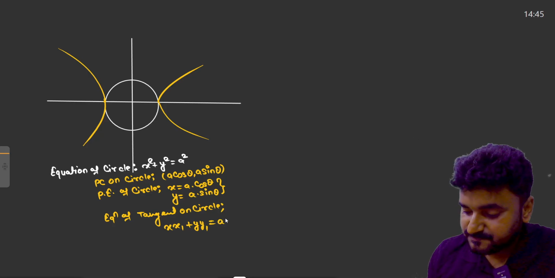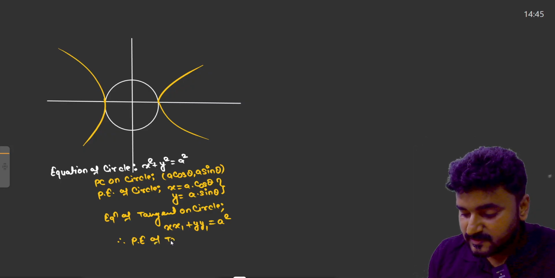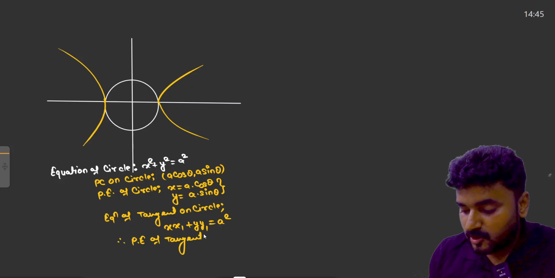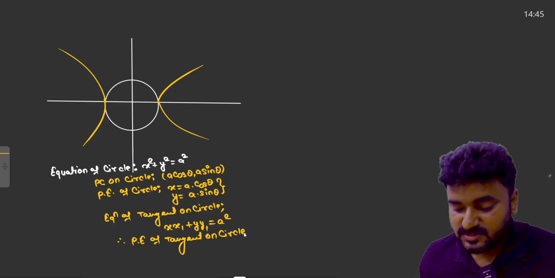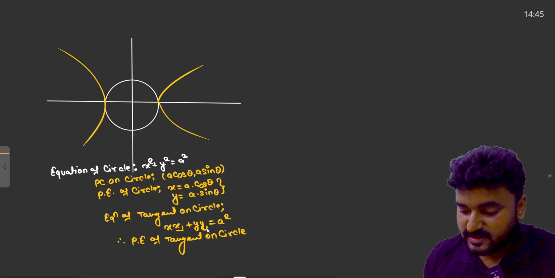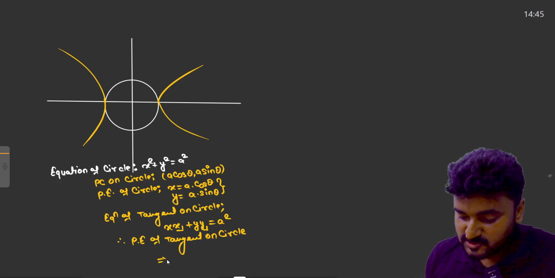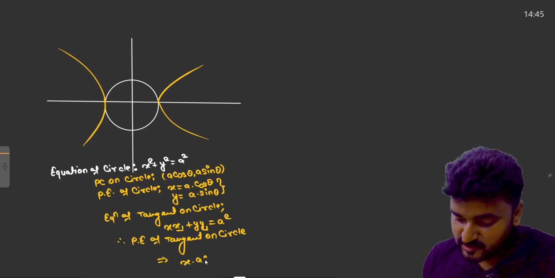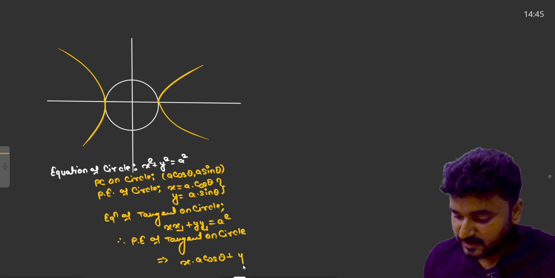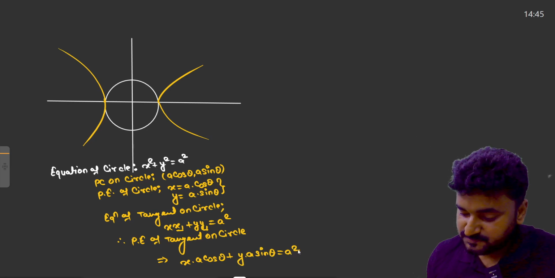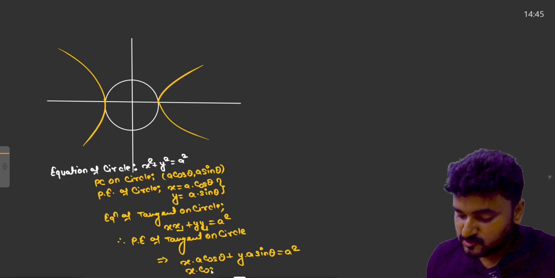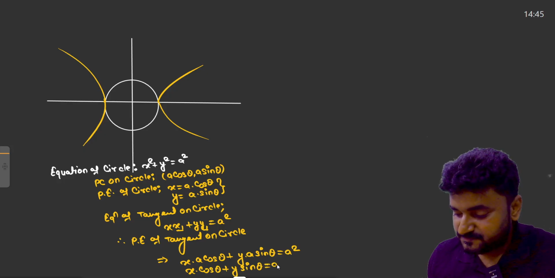And the parametric equation of the tangent on the circle: we can write x1 and y1 as a cos theta, a sin theta. So this becomes x into a cos theta plus y into a sin theta equals a square. So this is x cos theta plus y sin theta equals a.